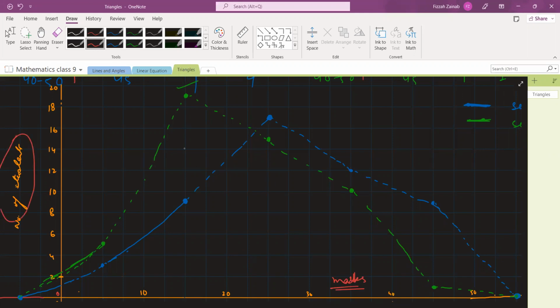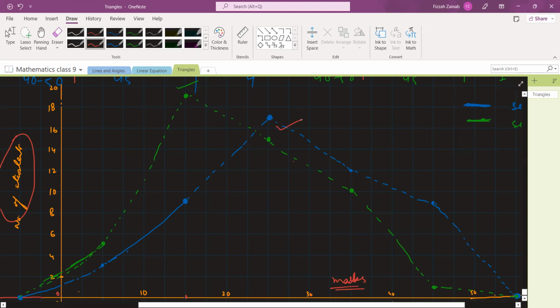Now if you see the green line, many students, up to 19 students, are getting marks between 0 to 15. Can you see that? And after that, between 20 to 30 marks, a smaller number of students are getting it. But in class A, between 20 to 30 marks, more students are getting it, isn't it?